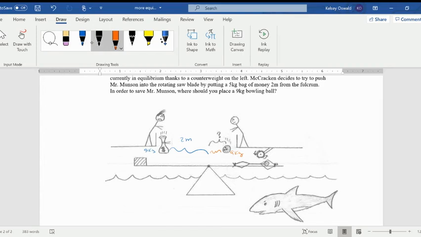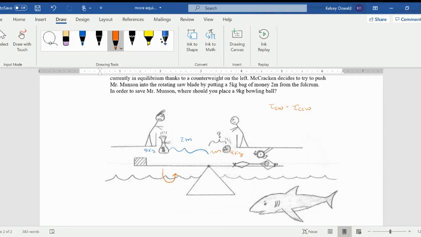So remember, if we're in equilibrium, that means that all of our torques trying to rotate our board clockwise have to be equal to everything trying to rotate it counterclockwise. So if we look at the bag of money, when that bag of money lands, it's going to drop the left-hand side of the board and raise up the right-hand side, or make that board rotate counterclockwise.